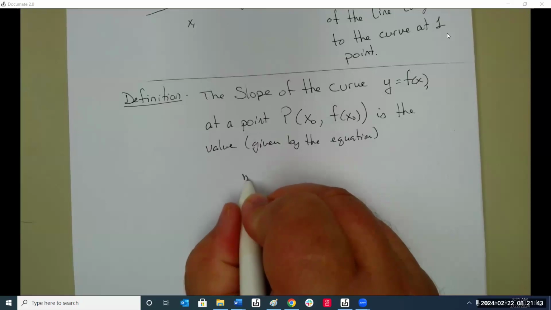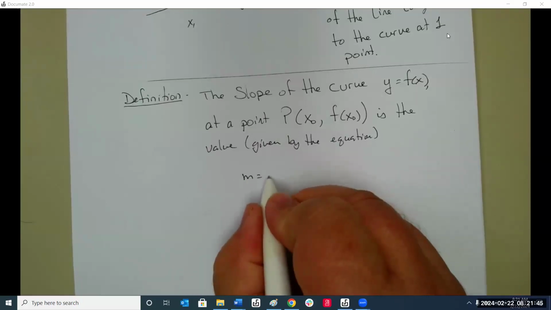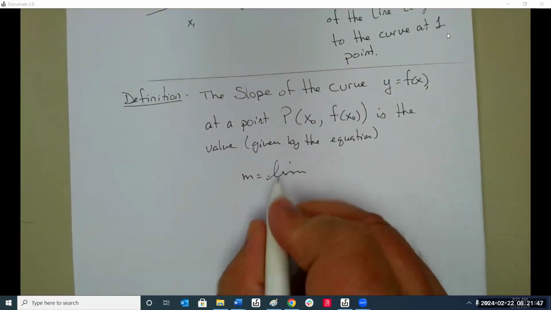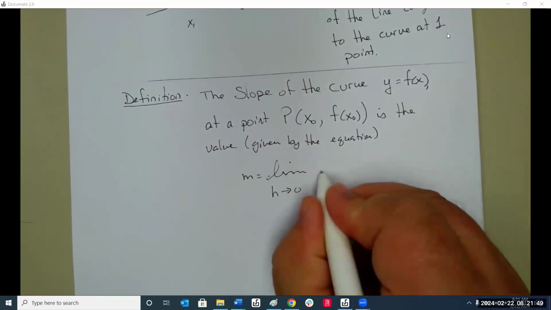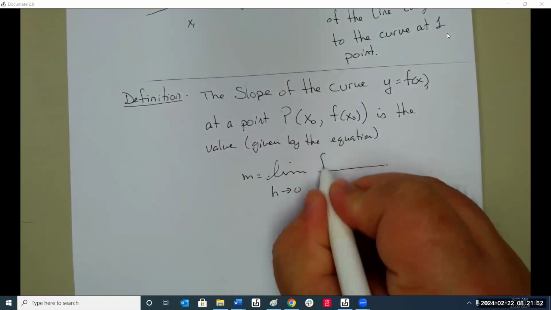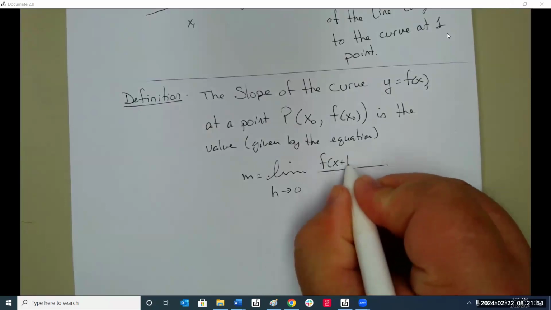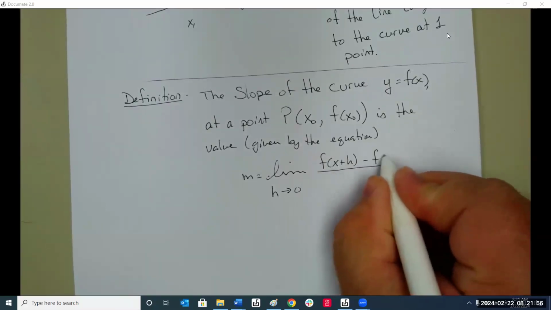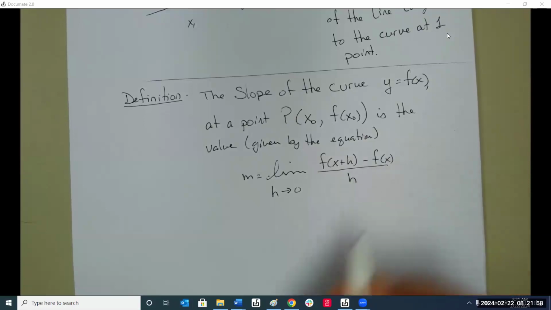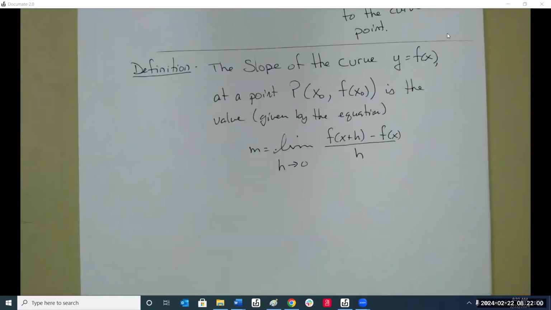So the slope is the limit as h goes to 0 of our difference quotient. So that's our slope.